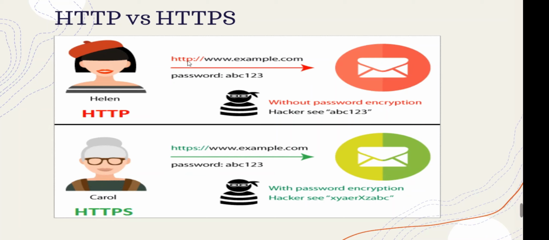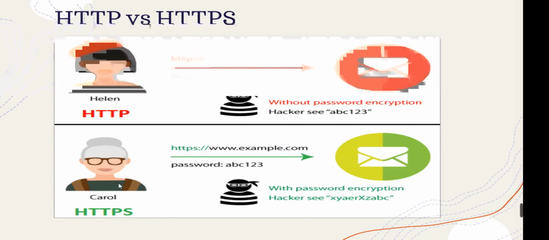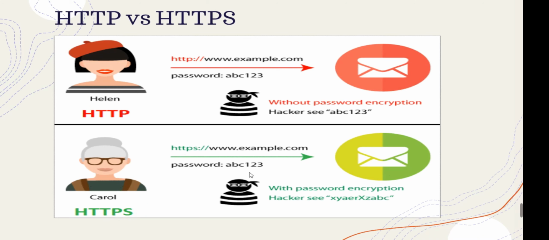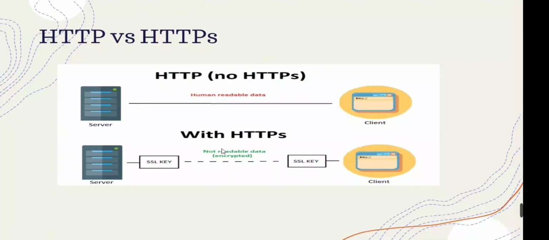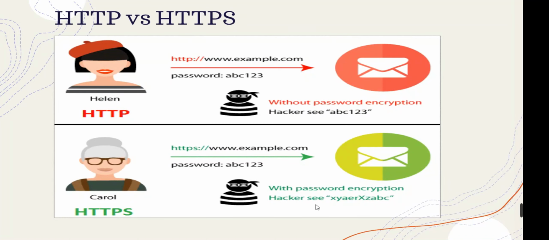But if it is HTTPS, because Helen is using HTTP and Carol is using HTTPS, she is using the secure socket layer. Here it will encrypt, as I have said in this slide. Whatever is encrypted, the hacker can see it like this.